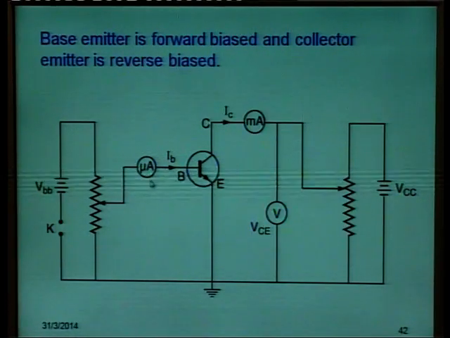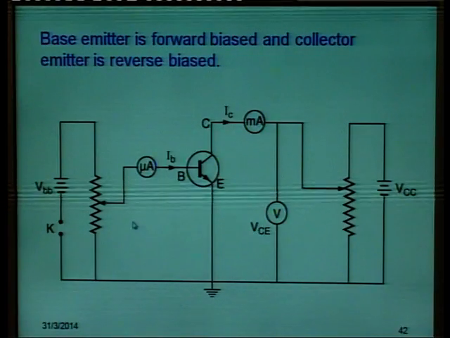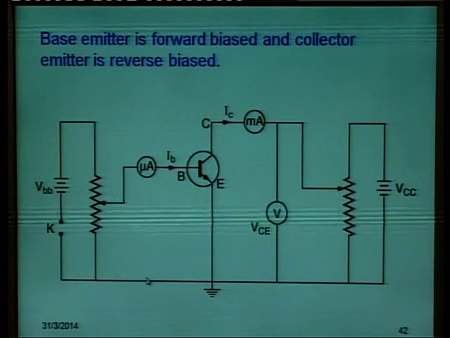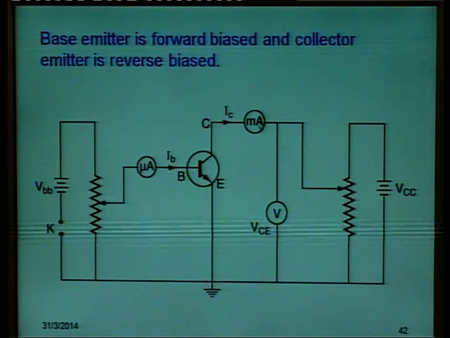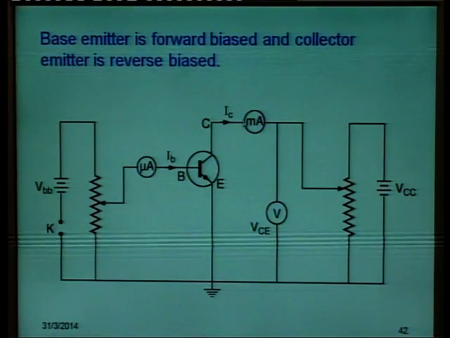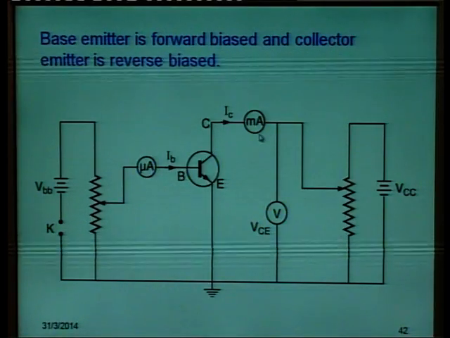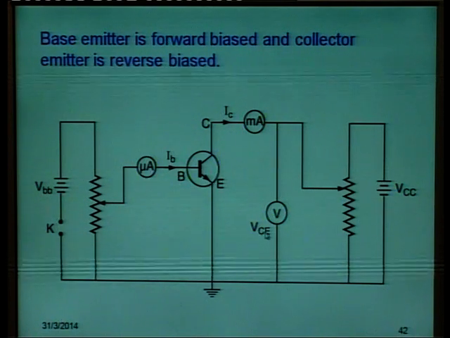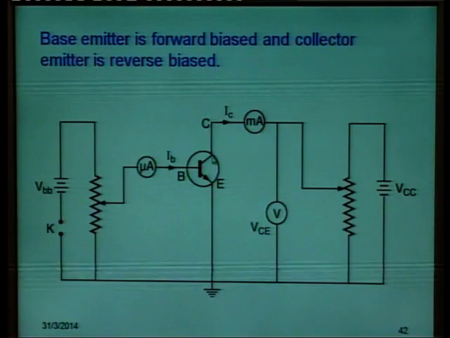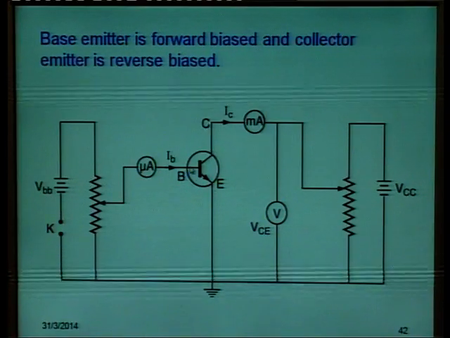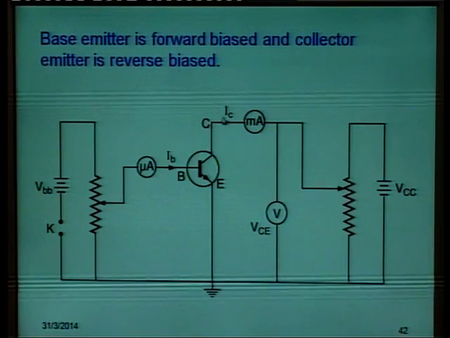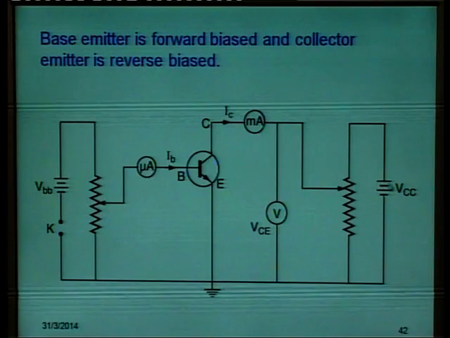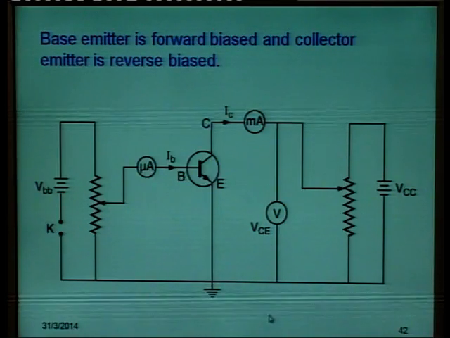So, a microammeter has been put in series, and there is a voltmeter here, with which you can record the potential difference. Similarly, to record collector current, we use a milliammeter, because collector current is large, and we use a voltmeter here to note down the voltage between collector and the emitter. Collector is N type. We are using an NPN transistor here, and collector emitter junction is to be reverse biased. So, positive of the battery is to be attached to the collector.